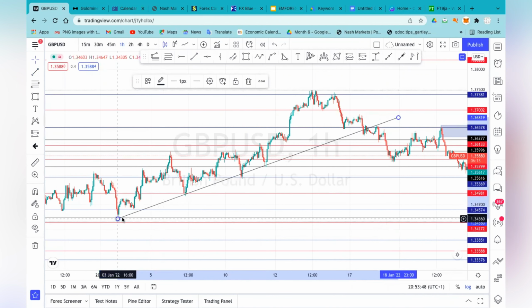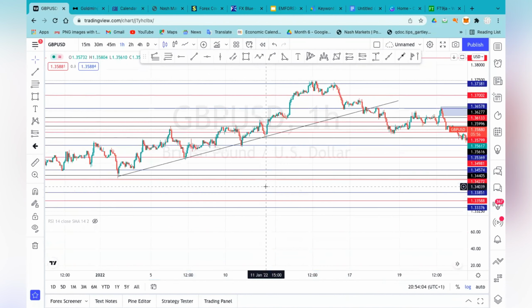Something like this, multiple touches. Once the market gets to your support and resistance line or level on the trend line, you can easily take the trade, just as simple as possible, without indicators, without anything.